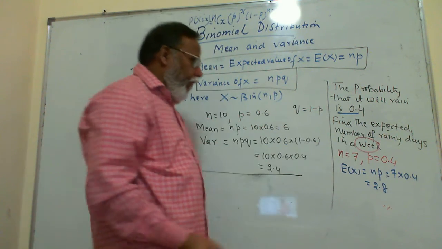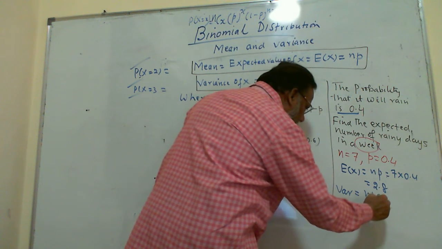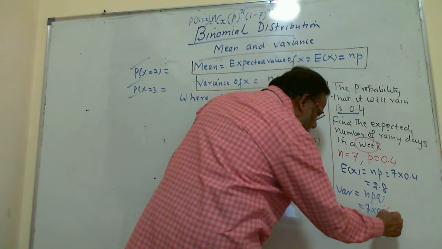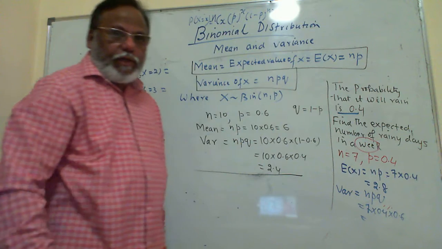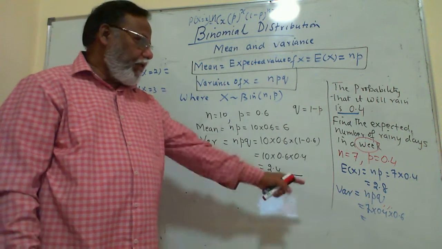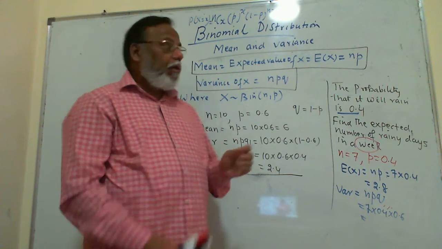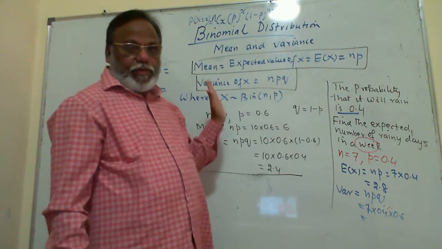If they want the variance also, the variance will be npq, so 7 times 0.4 times 0.6, and you can get a number. This is how we will be using the concept of mean and variance of a binomial distribution.